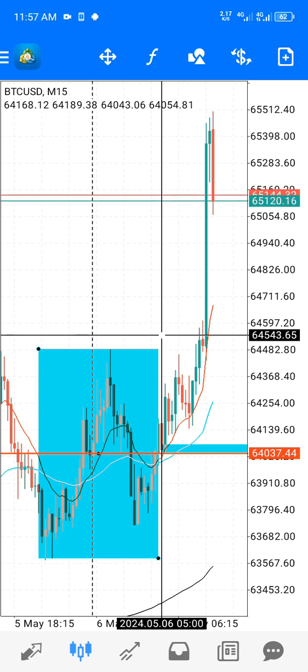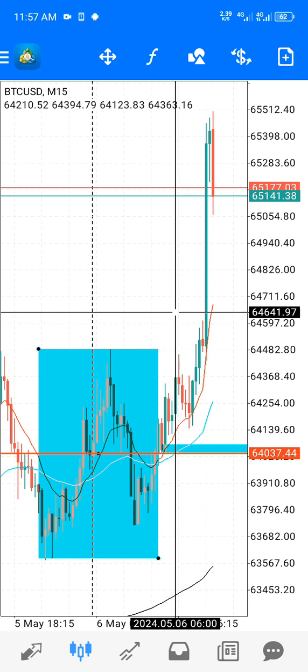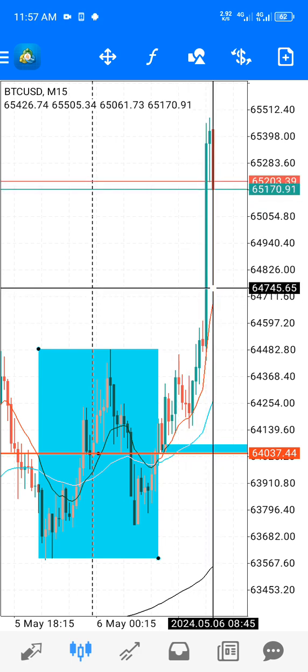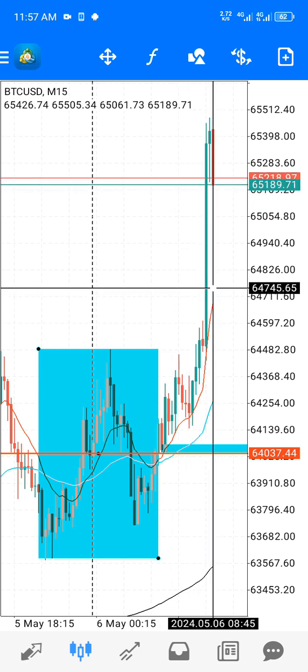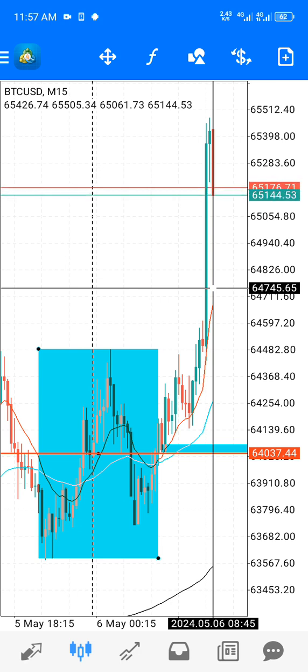So for you to understand how you are supposed to do the box on the chart, you are supposed to go to the last printing candle and get to know what time it is printing. Here you can see it is 8:45, and in Ugandan time it is 11:57.